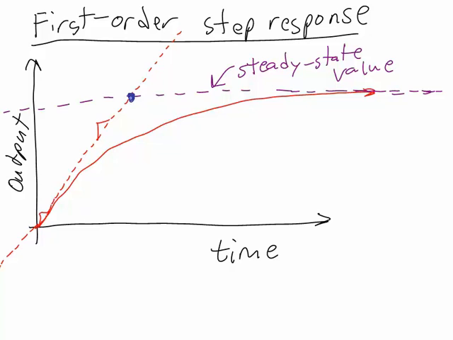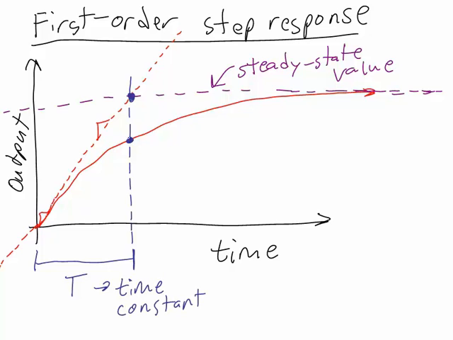Next, I'm going to take this intersection point between the steady state value and the line that matches the slope of the response. When I draw this line down to the time axis, this amount of time from the beginning to this intersection has a special term. It's called the time constant.